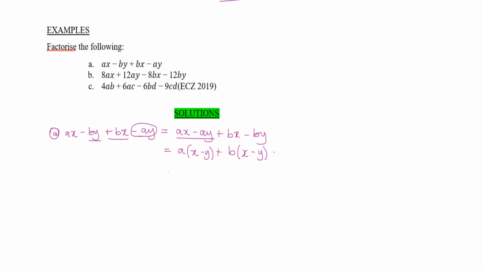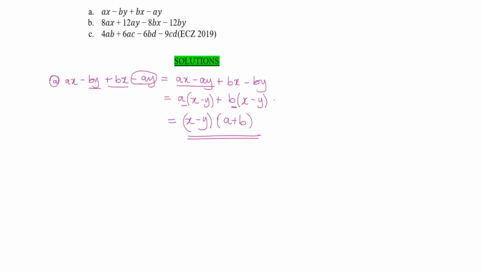When we look at what is in the brackets, they are the same, so that's a common factor. Write x minus y, we just pick one of them. In brackets again, what is outside is a, plus what is outside there, b, and we close the brackets, and this one will be our answer.